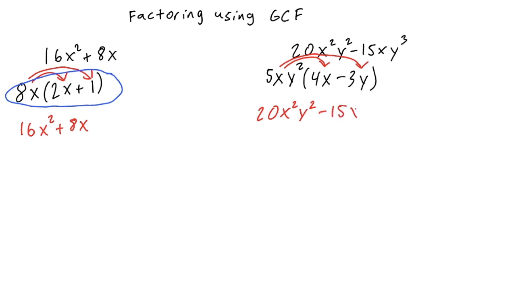X just gets added in because there's no x, and y squared times y is y to the third because you add the exponents, and we say that there's a 1 when it's just y by itself for the exponent. Again, remember though, this is your answer.